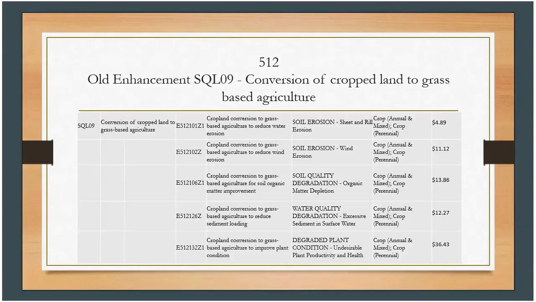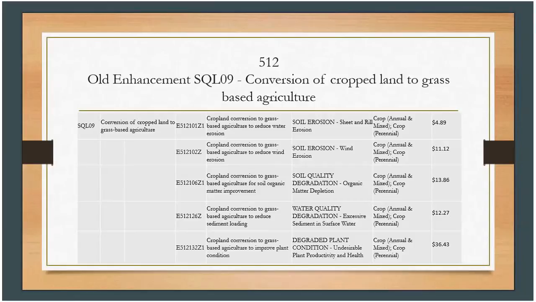There's 5 enhancements in this next group. All of these are replacing the old enhancement of conversion of cropland to grass-based agriculture. And now they're called the same thing, but instead of 1, there are 5.